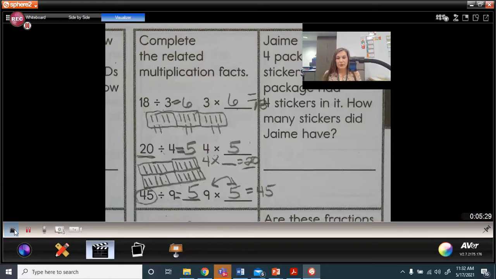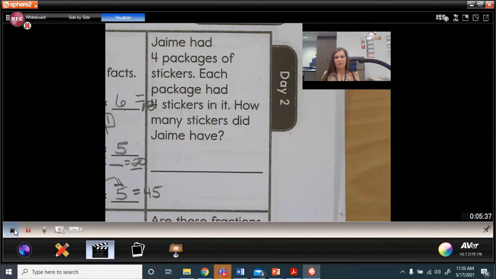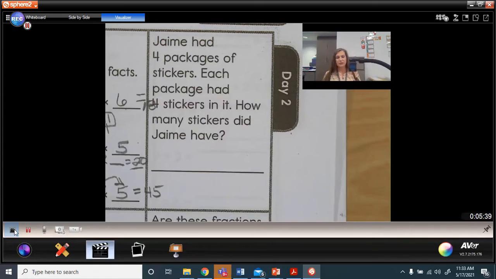All right? Let's take a look at our word problem for today. Let's see what we're going to be doing with that word problem. It says Jamie had 4 packages of stickers. Sounds like groups to me. And it says each package had 4 stickers in it.